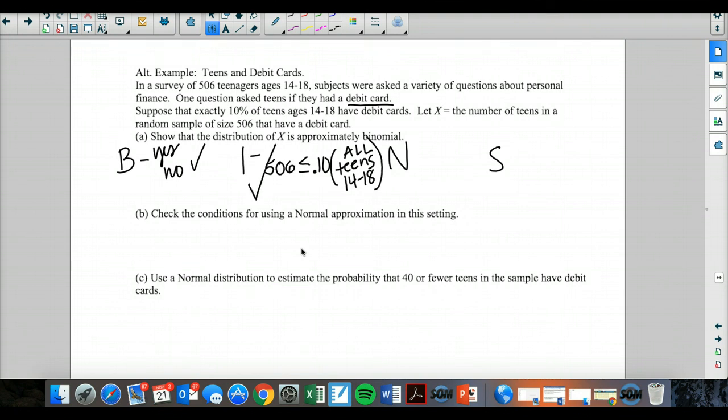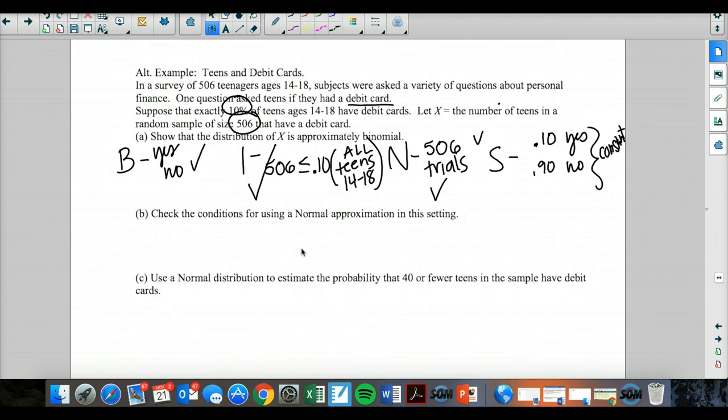So boom, that's a check. Next is the number of trials is set. Well, they're going to ask 506 teenagers, so 506 trials, ding. And the probability of success. Well, they told us success is 10%, so 0.10 is yes, 0.90 is no, and it's always constant. So this clearly is a binomial distribution.